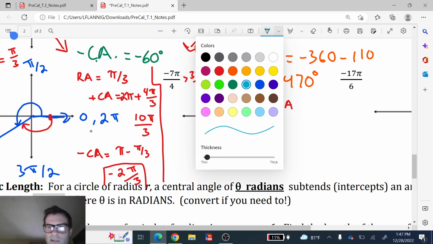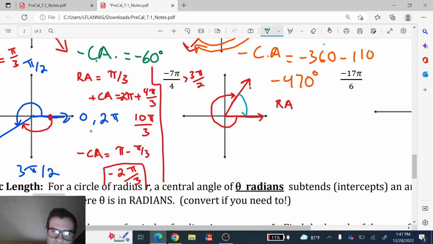The reference angle is this angle right here. And so we have to say to ourselves, okay, that's 90 degrees or pi over 2. And we want to figure out what this position is right here too, which we know to be pi over 4.